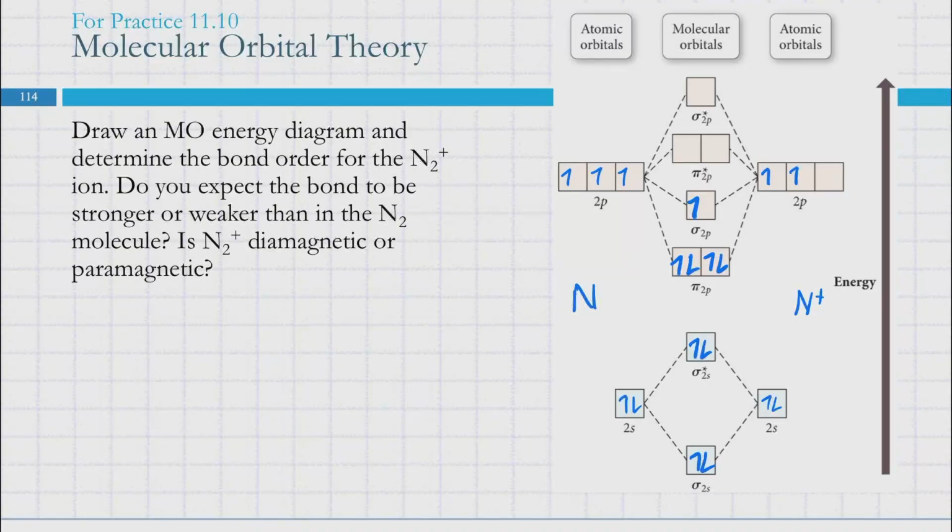When we're calculating our bond order, you can include these sigma 2s and sigma star 2s, or you cannot. It doesn't matter because they're full, so they're going to offset because we've got 2 and 2.